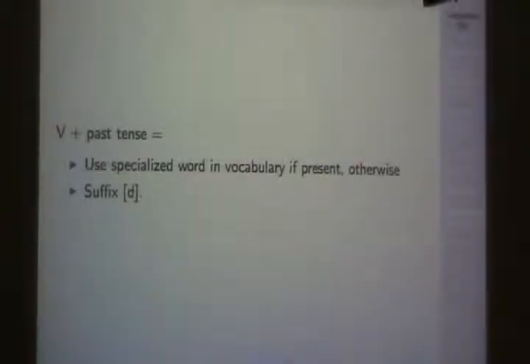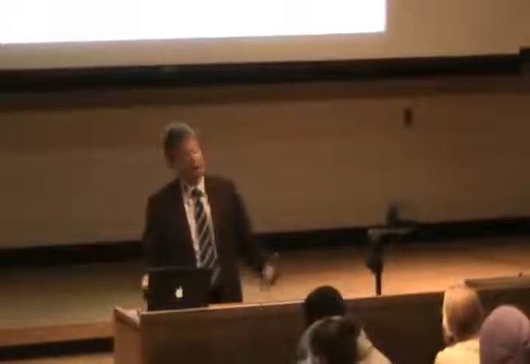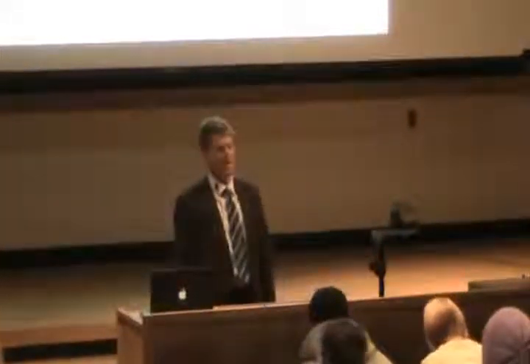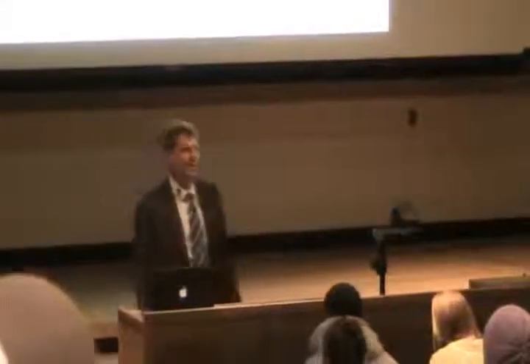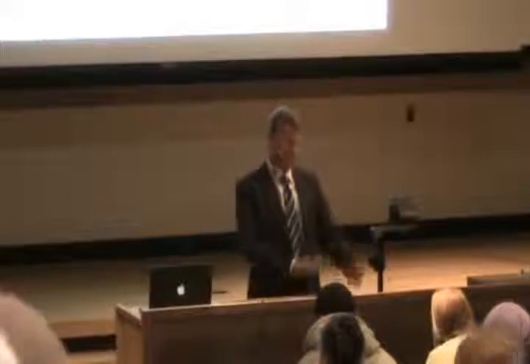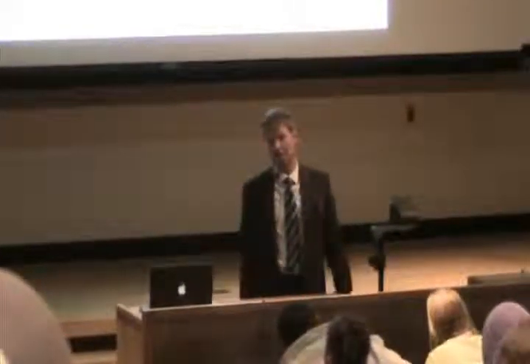It sometimes uses the suffix d, and sometimes there's a special word to express the past tense. But no matter which means is used, every verb has a past tense form. Every verb does not have an adjective built from able associated with it, however. Able is a derivational suffix. The past tense morpheme is an inflectional one. And that's one of the ways in which these two kinds of affixes differ.